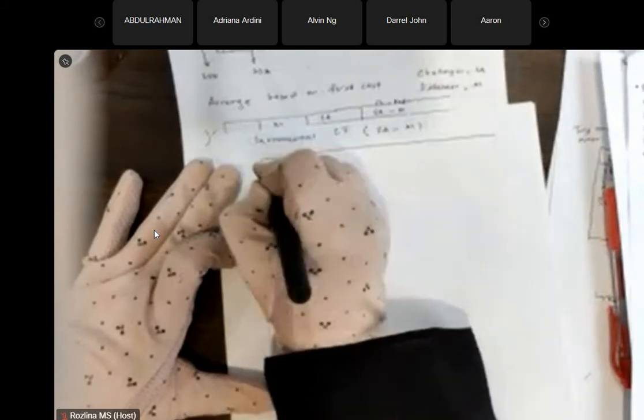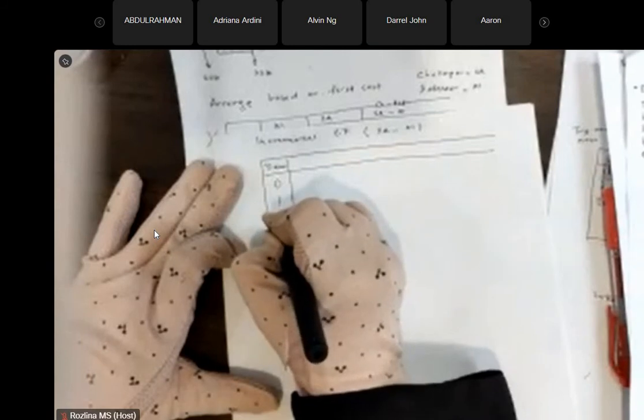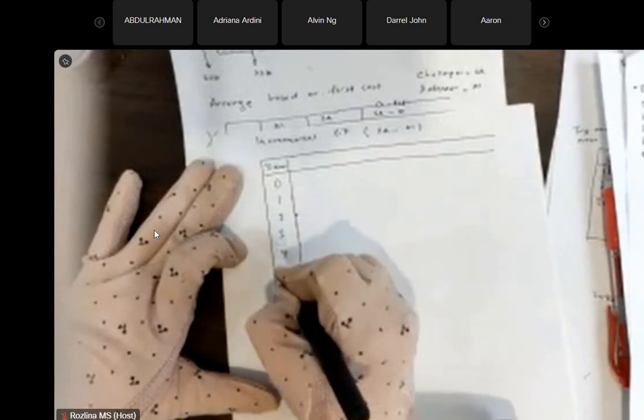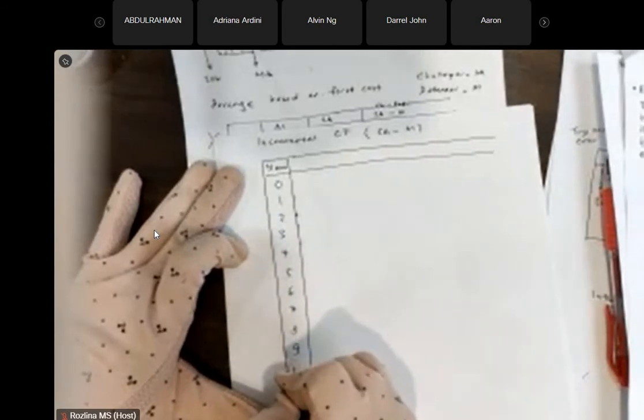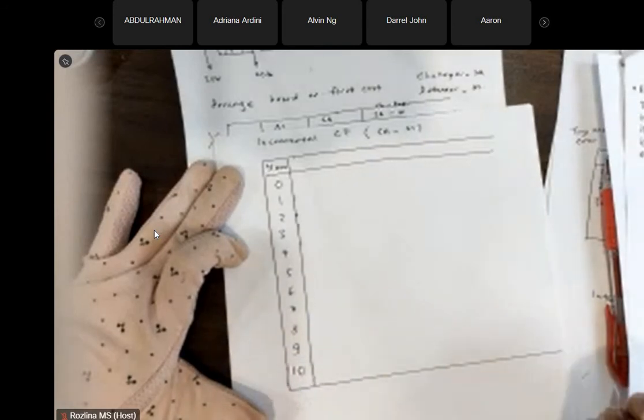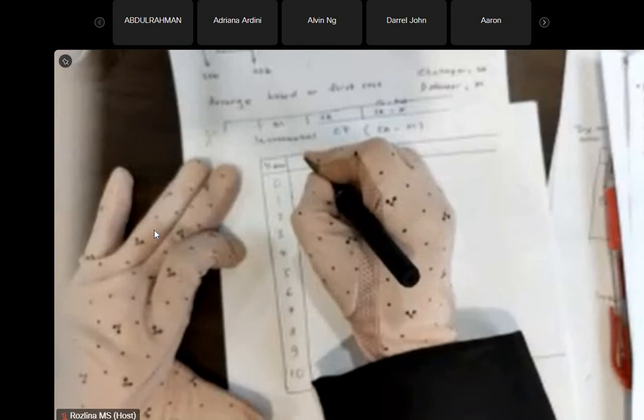Bukan try error, kita buat one by one. Year, okay, we have 0, 1, 2, 3, 4, 5, 6, 7, 8, 9, 10. Dia leceh tu inilah. Okay, then you look at dia punya incremental ni.